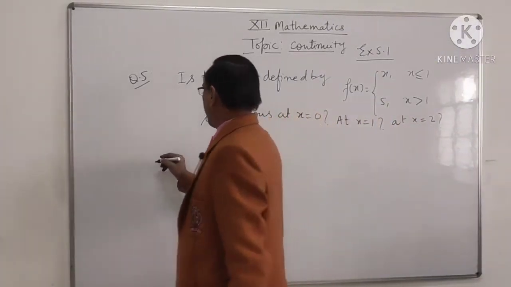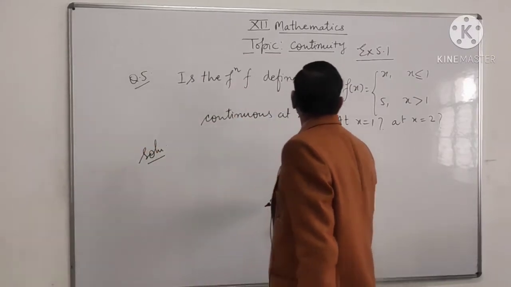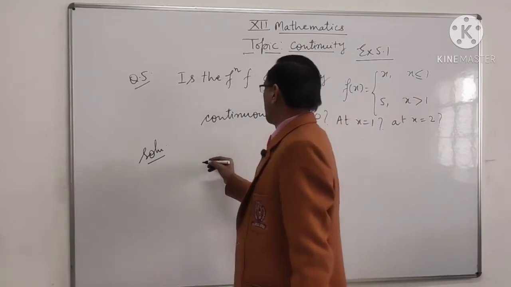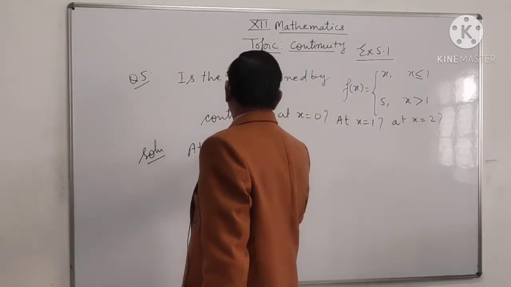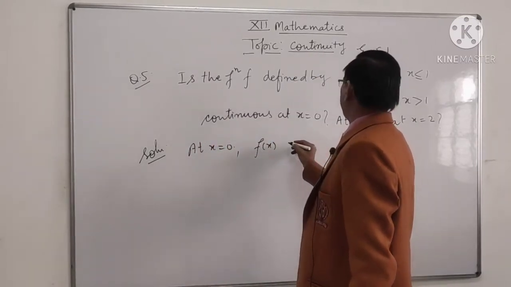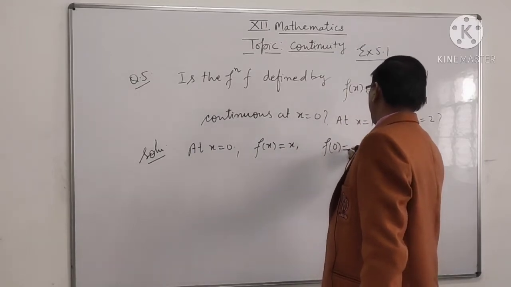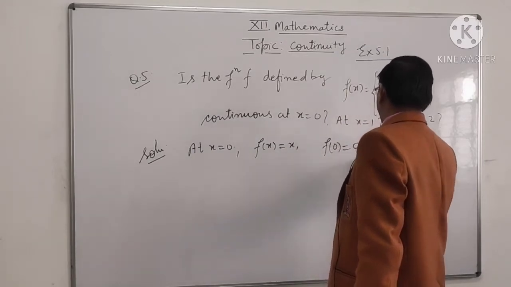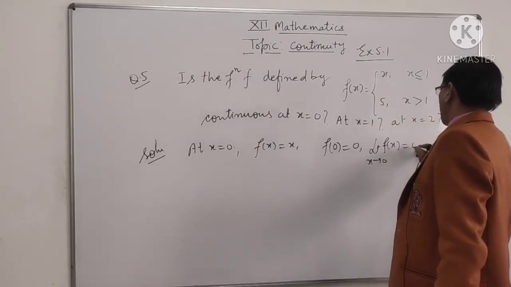Let us see the continuity of the function at x equal to 0. The function is x only. So f(0) equals 0 and the limit as x tends to 0 of f(x) is 0.